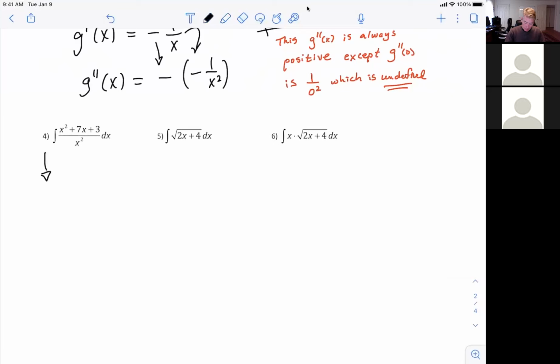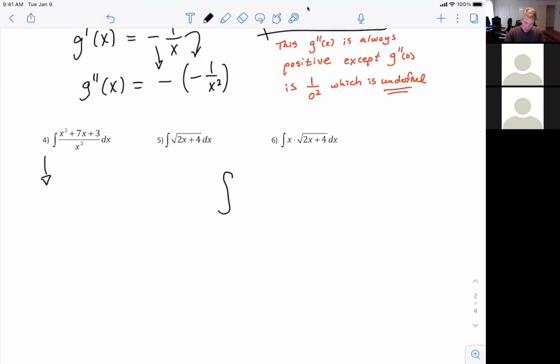And basically, the only rule that we have at this point is the antiderivative of x to the n with respect to x. So you would do the opposite. You would add 1 to the exponent, and then you would divide by that number. And then somebody's going to say, wait, do my plus 17. And then I say, okay, I'll call it c. So there's the plus the constant.